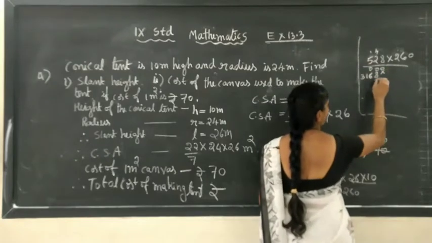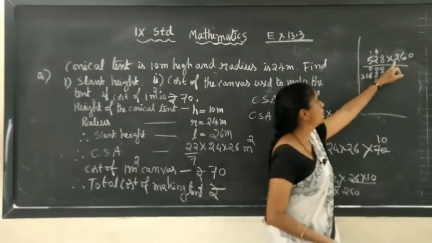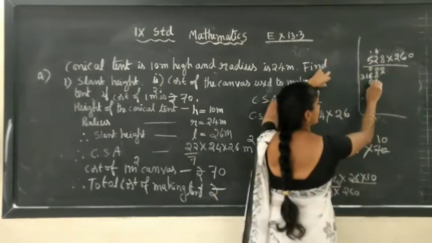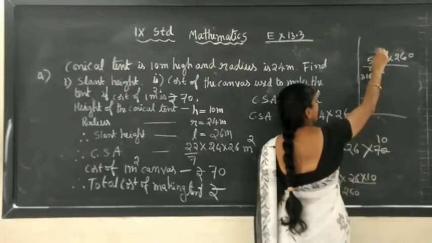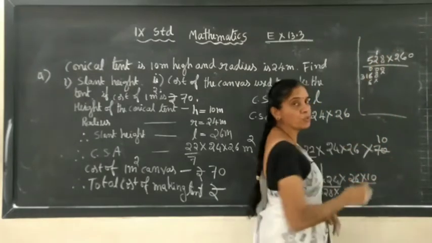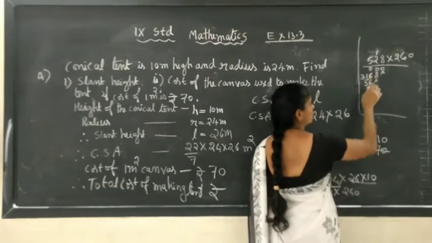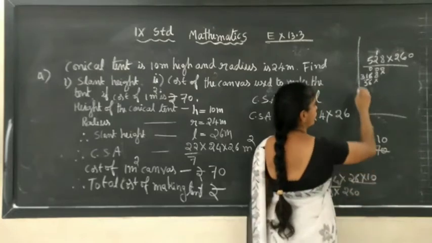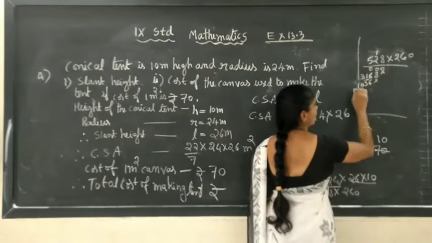Then leave another place, multiply by 2 table, 2 8s are 16, 6 again, 1 in hand, 2 2s are 4 plus 1, 5. Then 2 5s are 10.